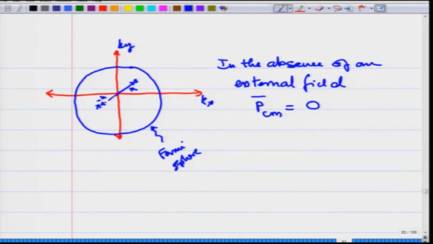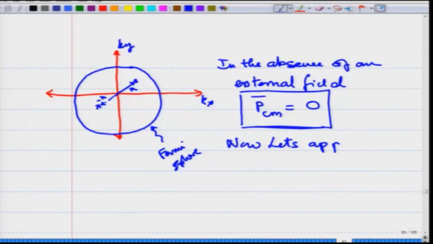That p by tau will come in very soon, but in the absence of any external force acting on the system, it retains its perfectly circular momentum distribution, which corresponds to the total center of mass momentum being equal to 0.